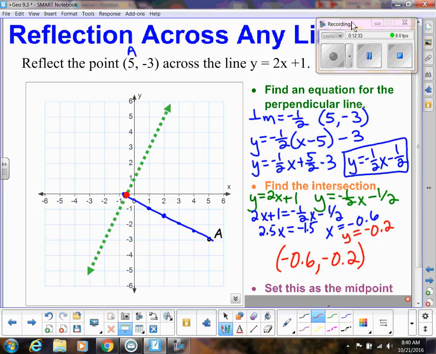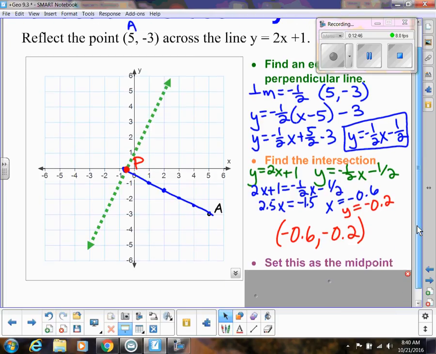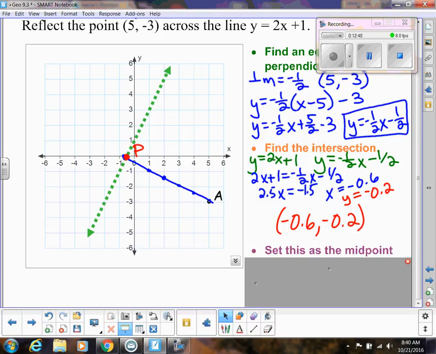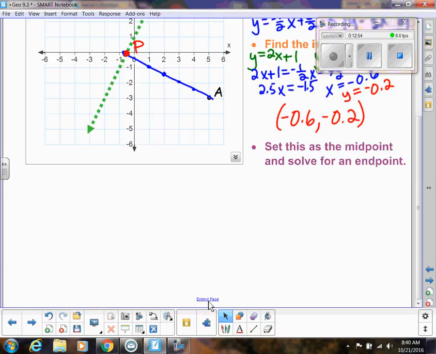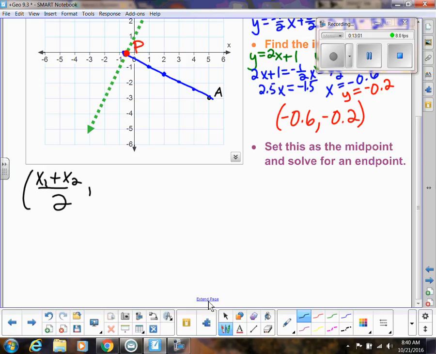So now, we know the distance from A to that point of intersection, maybe let's call that point P. So we know AP has to be the same distance as P to A prime. All right, so let's set this as the midpoint. Remember, the midpoint formula says (x1 plus x2) over 2, and then (y1 plus y2) over 2.